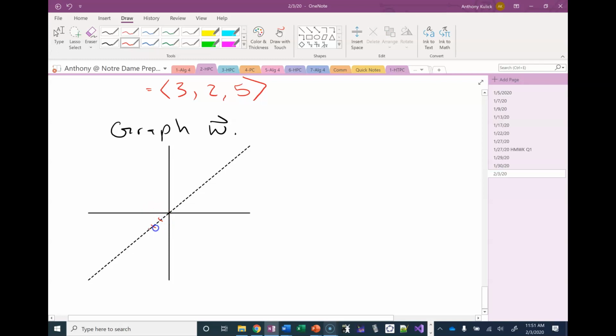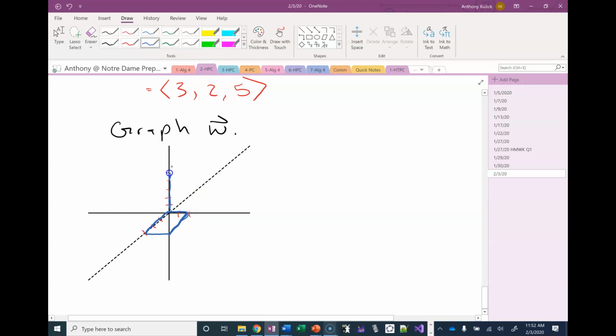So 1, 2, 3 on the x-axis, 1, 2 on the y-axis, 1, 2, 3, 4, 5 on the z-axis. So we'll start by drawing our vectors here. Okay. So that creates the base for my box.